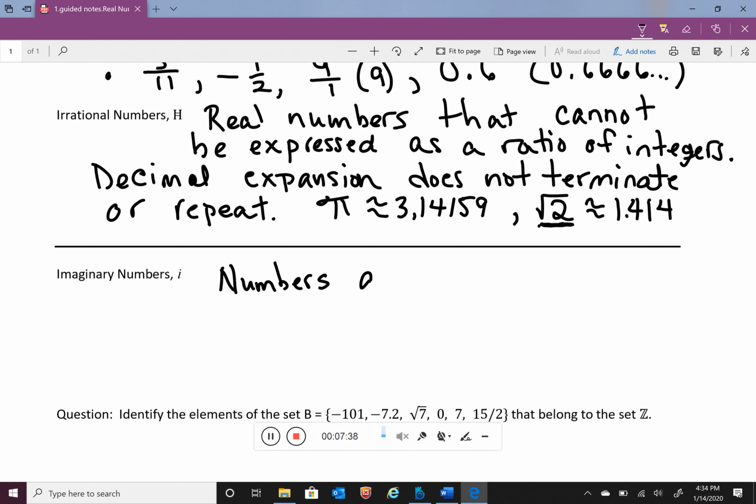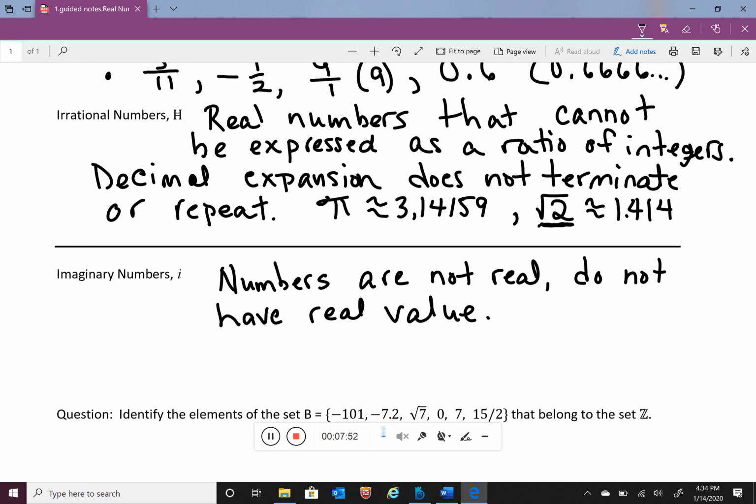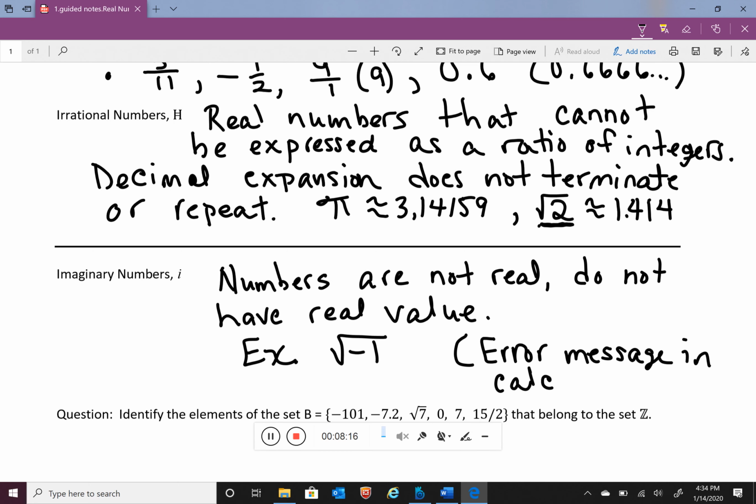So numbers that are not real do not have a real value, and an example of an imaginary number is the square root of -1. And if you were to put that in your calculator, and I encourage you to do that, you will get an error message in your calculator. Try that out. You're going to get either an error message or something else that's going to say that this is not real.